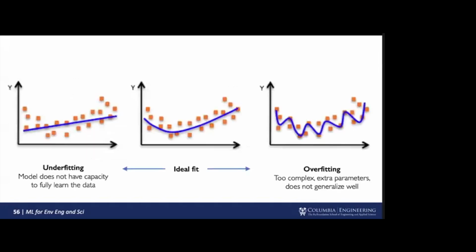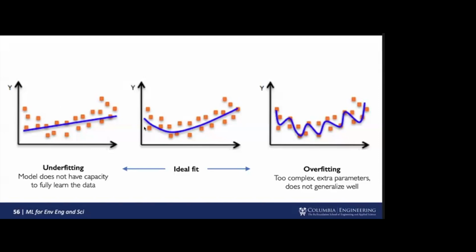This slide shows three common situations. On the left is underfitting. You have multiple points and a very simple model. You only get a linear curve that cannot describe the data set well because the underlying structure is not learned. In the middle is the ideal fit.